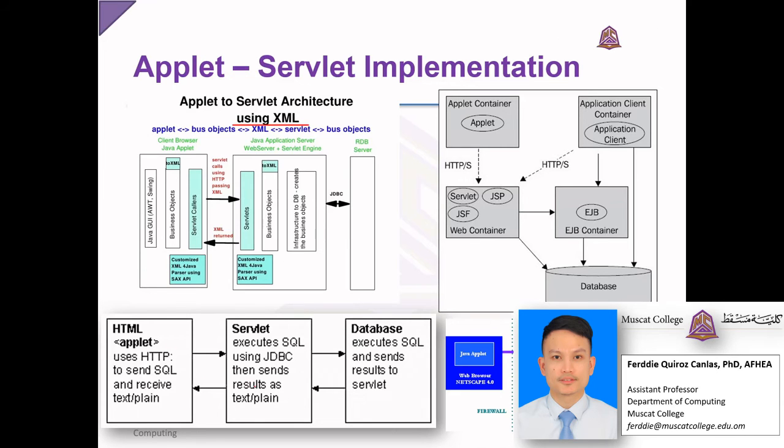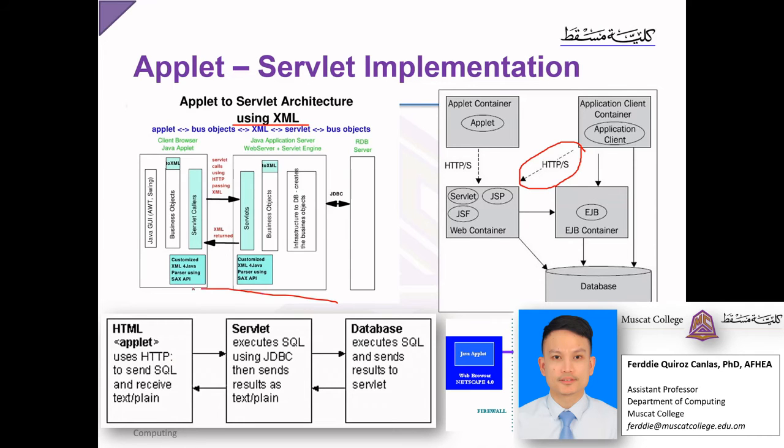Okay, and we have also servlet implemented using Oracle databases, and then we have also applet and servlet together with JSP, JSF, and EJB. But this time we are invoking a more secured way for the applet and servlet architecture by involving HTTPS here. So what you will see is that this is the basic structure.